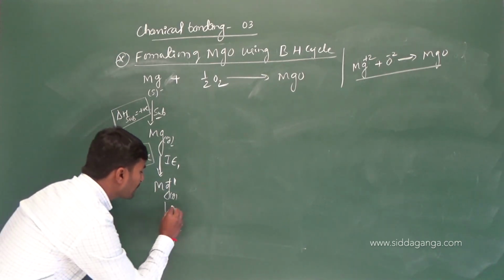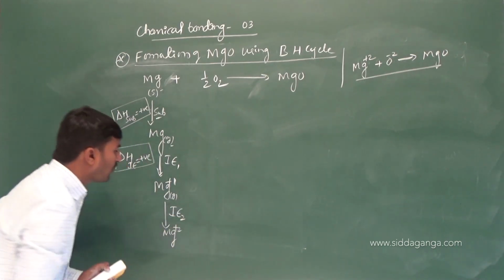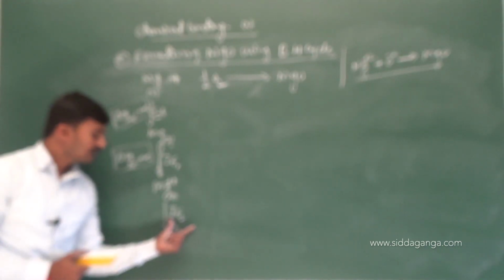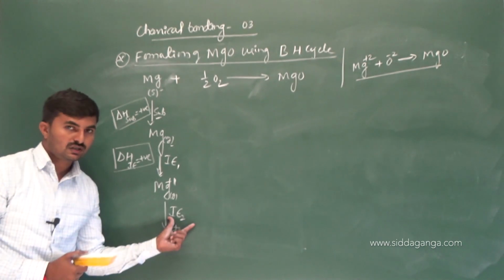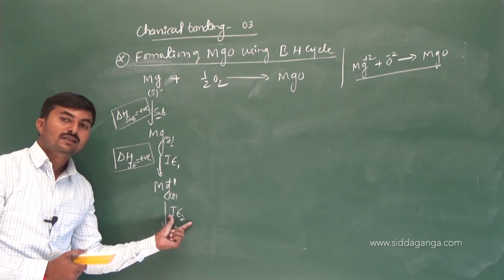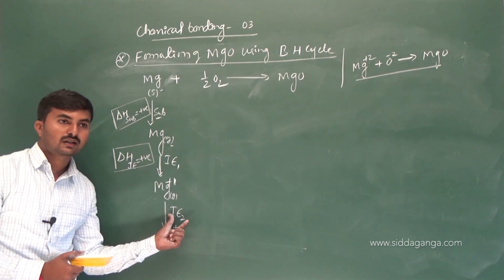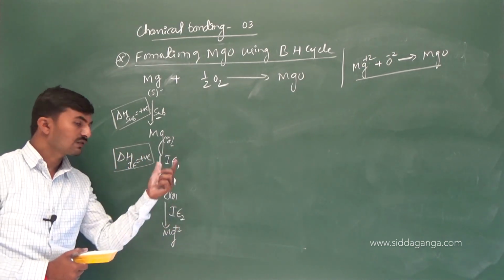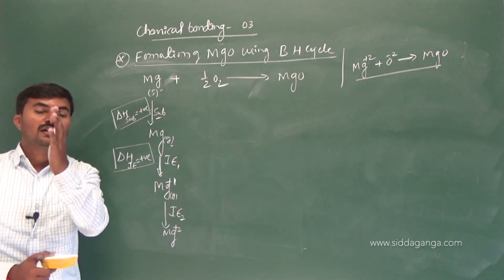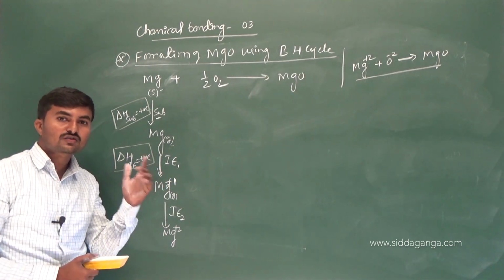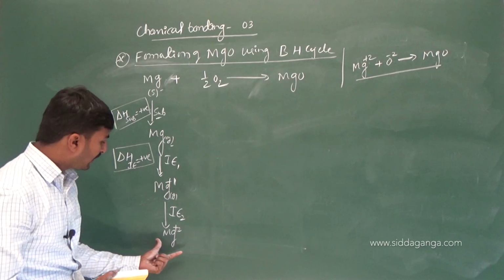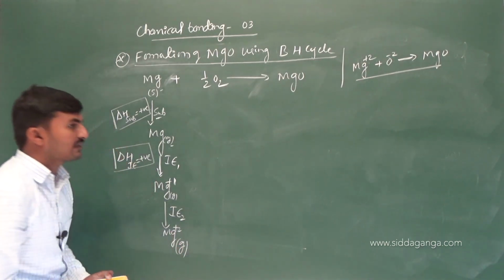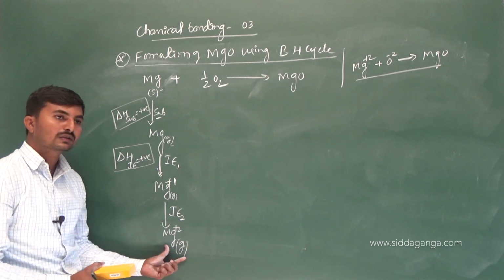The energy required for the removal of a second electron from this magnesium cation is the second ionization energy. These energies are called successive ionization energies. Okay, ionization energy 1, ionization energy 2, ionization energy 3, when energies come like this one after another, they are called successive ionization energies. Okay, here we have prepared the magnesium cation in its gaseous state. First thing is clear.